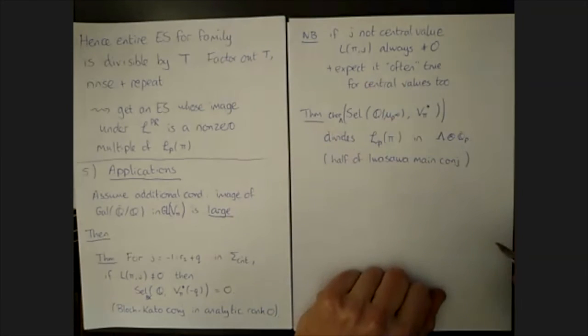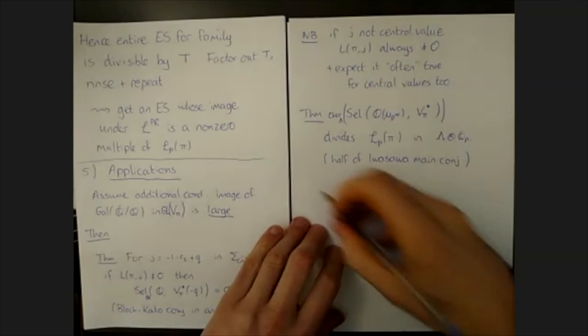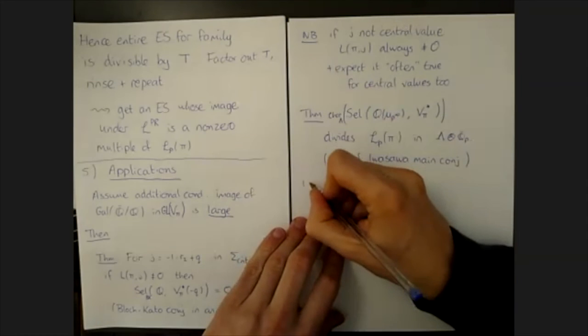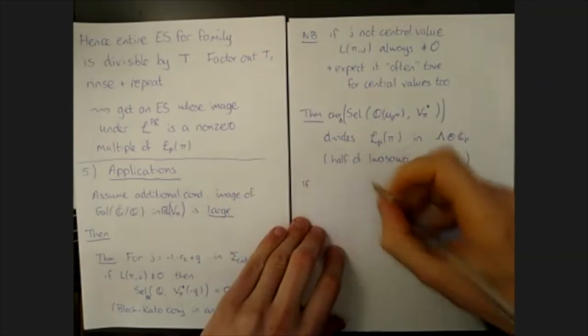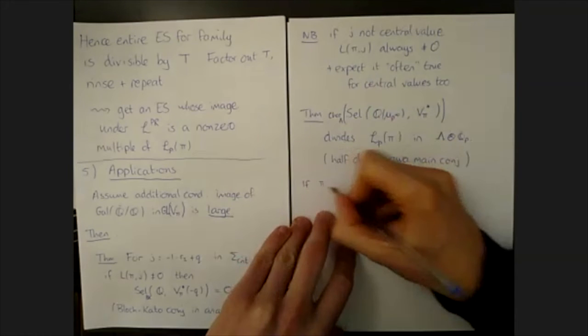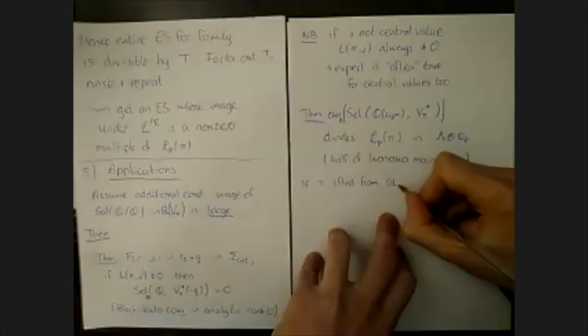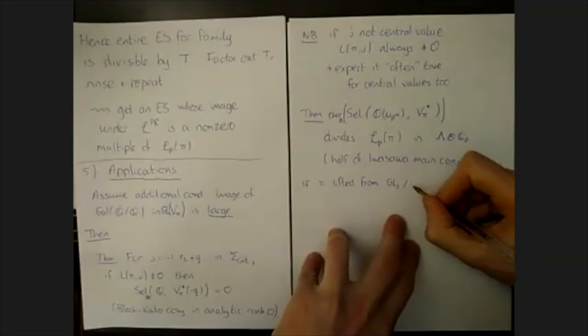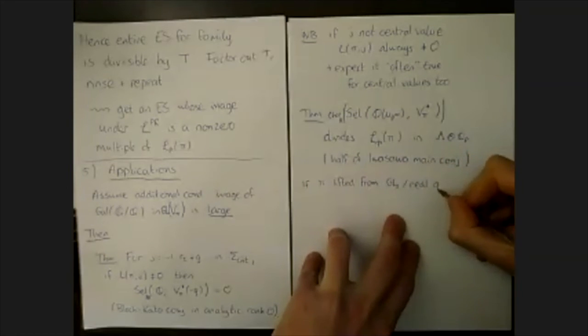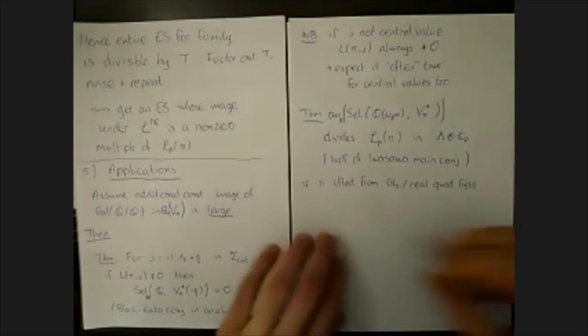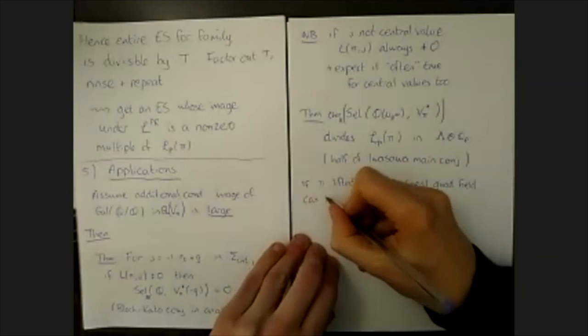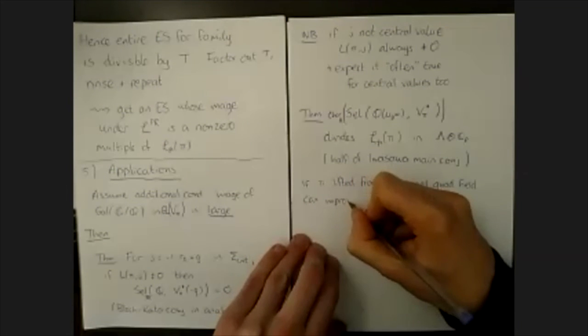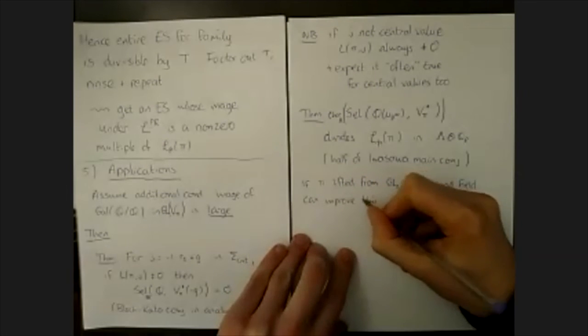So this is one inclusion in the Iwasawa main conjecture, and if pi is lifted from GL2 over a real quadratic field, we can improve this.